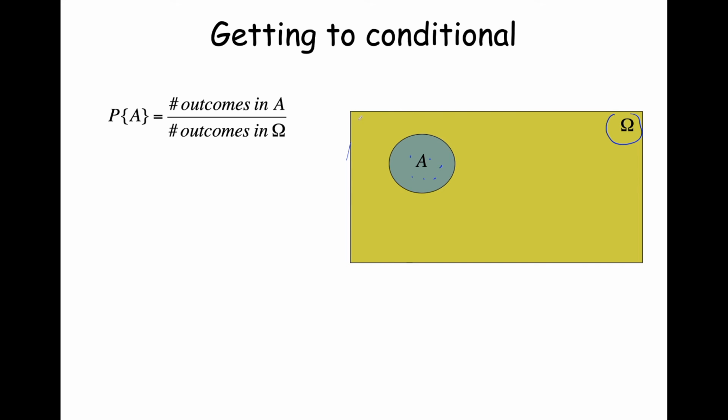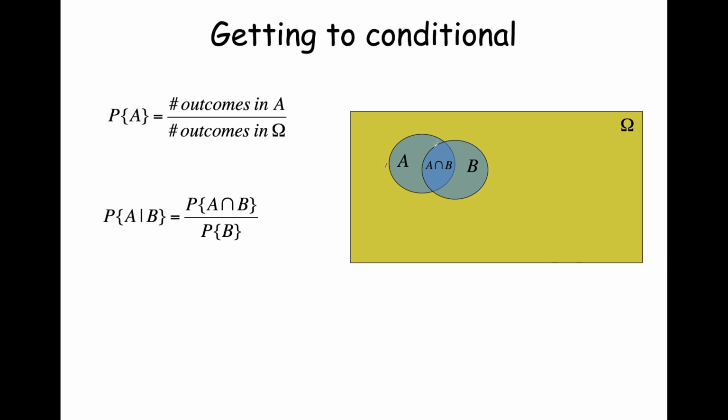So if I express my conditional probability, probability A given B, what's happening? I said my universe of consideration is changing. So if I say, given that I know B is true or B has occurred, I'm no longer considering my entire sample space omega, this whole yellow box.